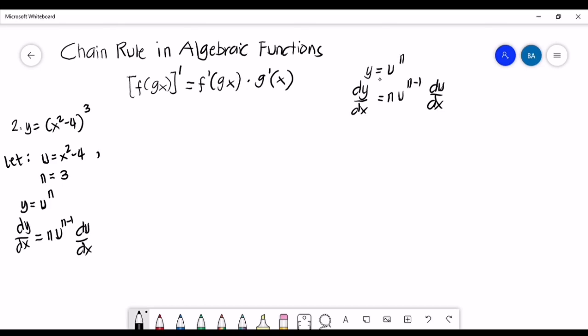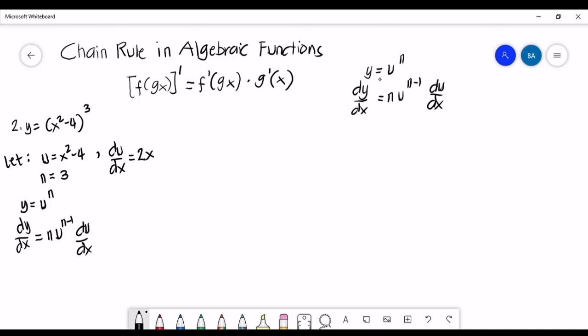So we now need to solve for du/dx, which is the derivative of our u with respect to x. The derivative of x squared is also under the power rule: we bring down the 2, copy the x, and 2 minus 1 is 1, or x itself. And then the derivative of negative 4 is equal to 0.